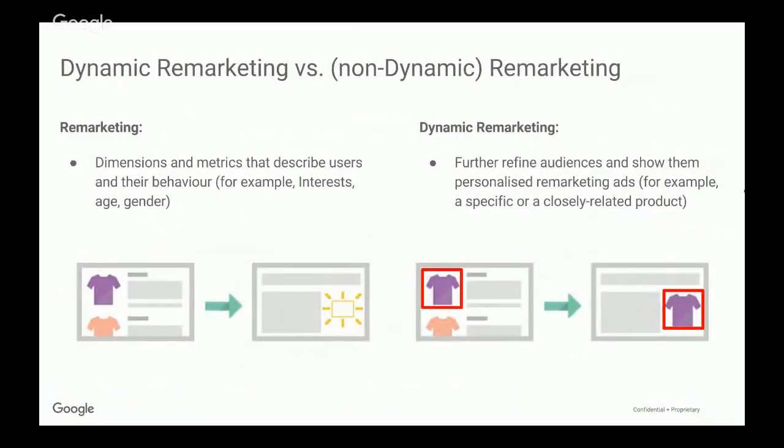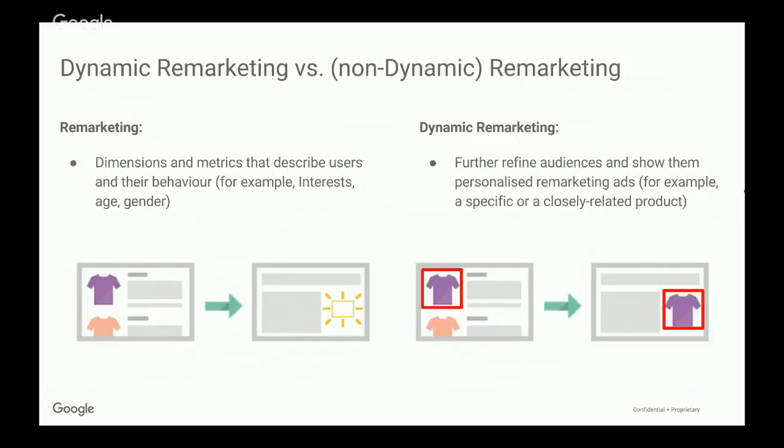So basically, as you might know, there are two different remarketing options. Today we are speaking about dynamic remarketing, but there is also so-called static or standard remarketing. While remarketing allows you to show ads to people who have previously visited your website or used your mobile app, dynamic remarketing takes it one step further and lets you show previous visitors ads that contain specific products or services that have been viewed on your site.